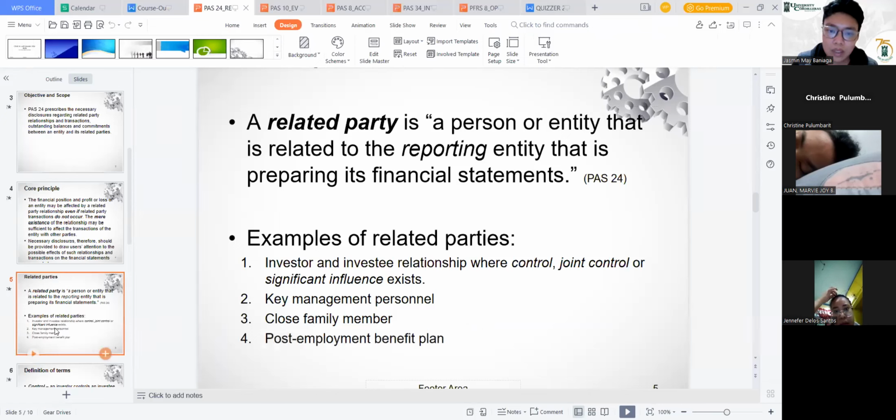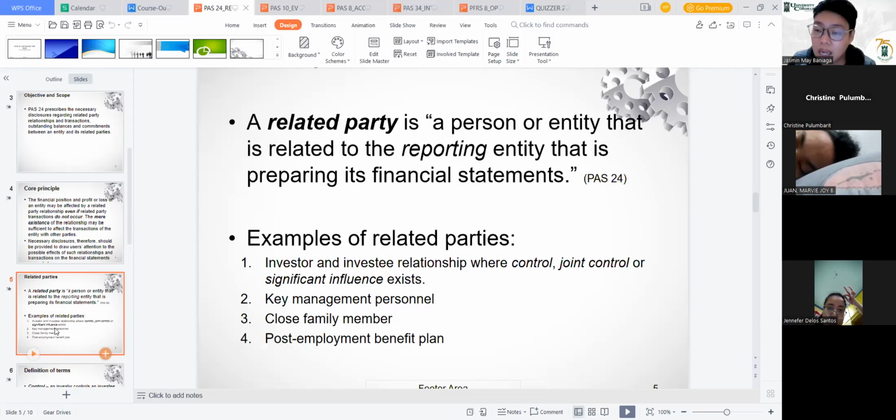Okay, so just remember these different related parties involved. Key investors, or main or major investor-investee relationship, where our investors have a material amount of interest or investment in our entity where they possess control or joint control or significant influence.